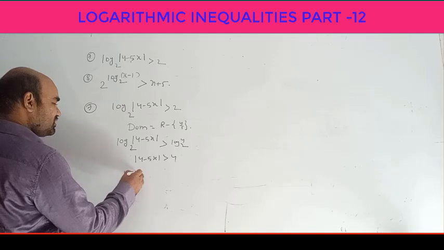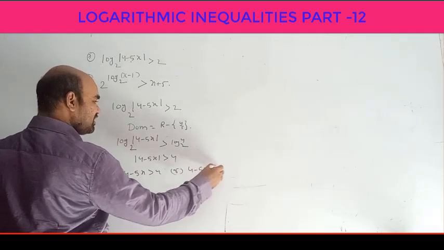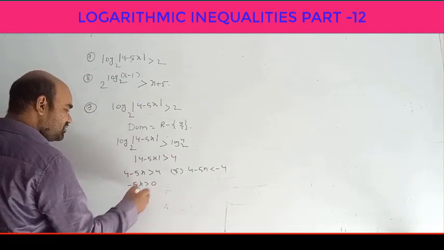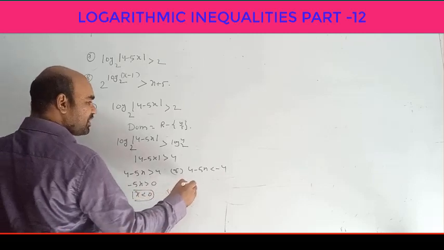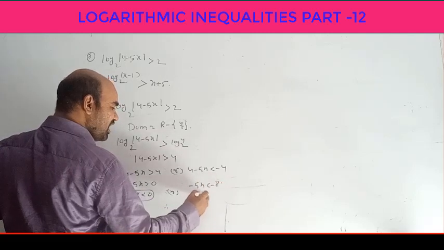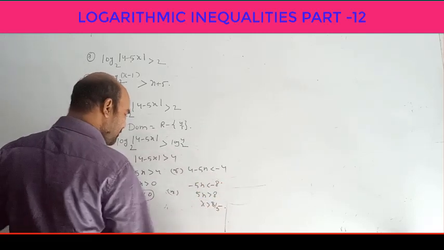So 4 minus 5x greater than 4 or 4 minus 5x less than minus 4. 4 gets cancelled, minus 5x greater than 0, or x less than 0. Next one, what happened here? Minus 5x less than minus 8, or 5x greater than 8, or x greater than 8 by 5.